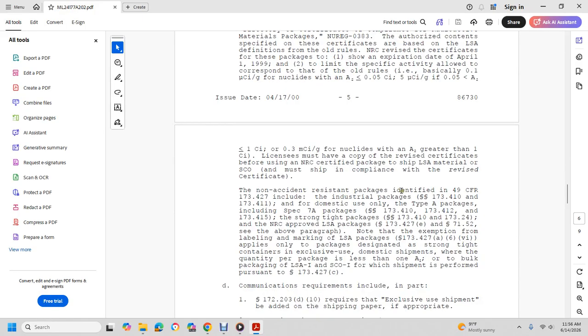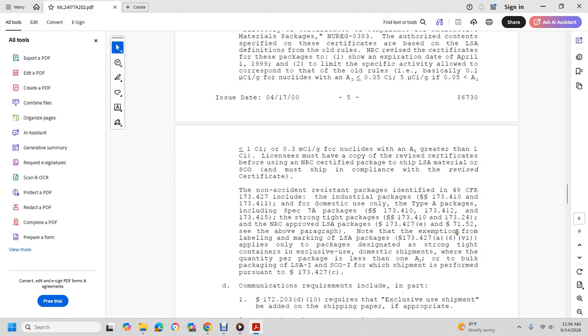Non-accident resistant packages identified under 49 CFR 173.427 include the industrial packages 173.410 or 411 for domestic use only, and the Type A package, including the sub packages spec 7 and 8 packages 173.410, 412 and 415, and strong tight packages 173.410 and 24. The Nuclear Regulatory Commission approves the LSA packages under 173.427 and 10 CFR 71.52, with the exemption approved in the paragraph above.